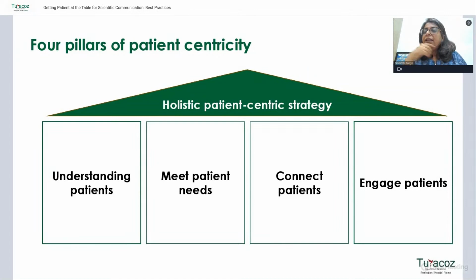Second is, what are the needs of a patient? Every patient has a different need, and the need will depend on the functions that the patient has to do in their daily lives. If it is somebody who's an athlete, for them agility is important, how fast they are running, that all becomes important.